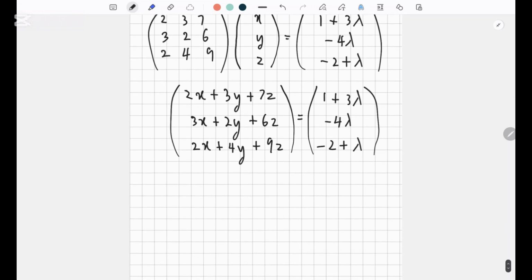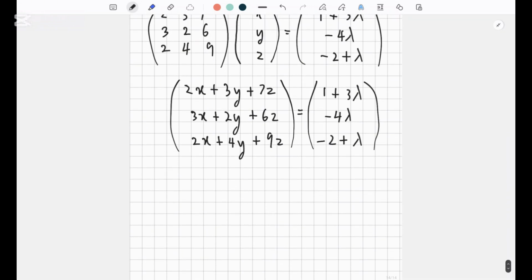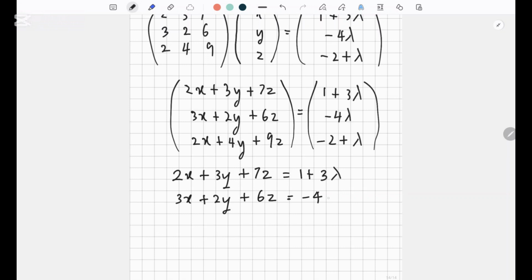So now you can write 2x plus 3y plus 7z equals 1 plus 3 lambda, 3x plus 2y plus 6z equals minus 4 lambda, and 2x plus 4y plus 9z equals minus 2 plus lambda.